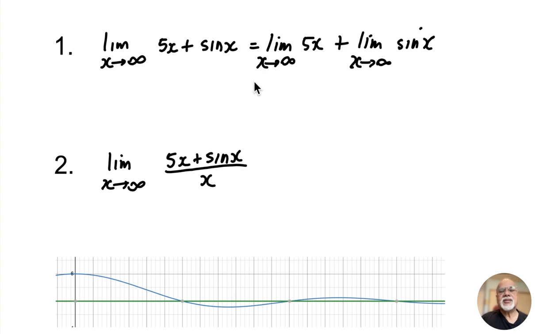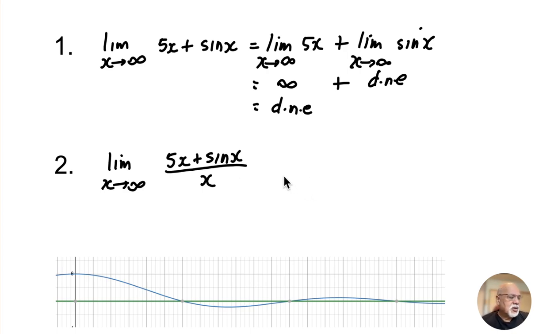For 5x, as x goes to infinity, this is infinity, and the limit as x approaches infinity of sine x does not exist. And so we would say that this does not exist. Infinity plus does not exist translates to does not exist. Even if both of them were infinity, if a limit is infinity, we still say it does not exist, because a limit only exists so long as it approaches a finite number.